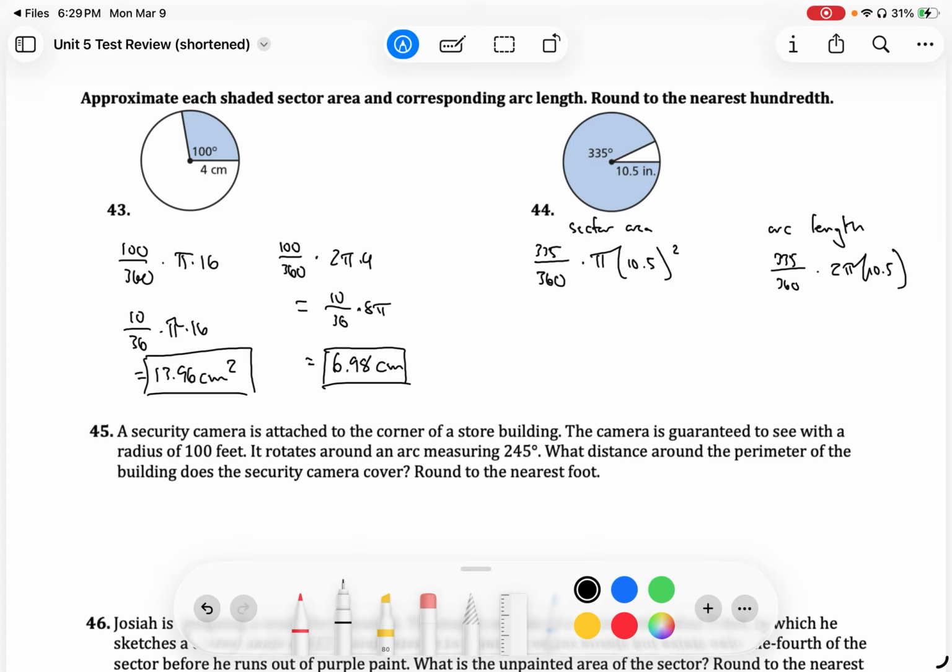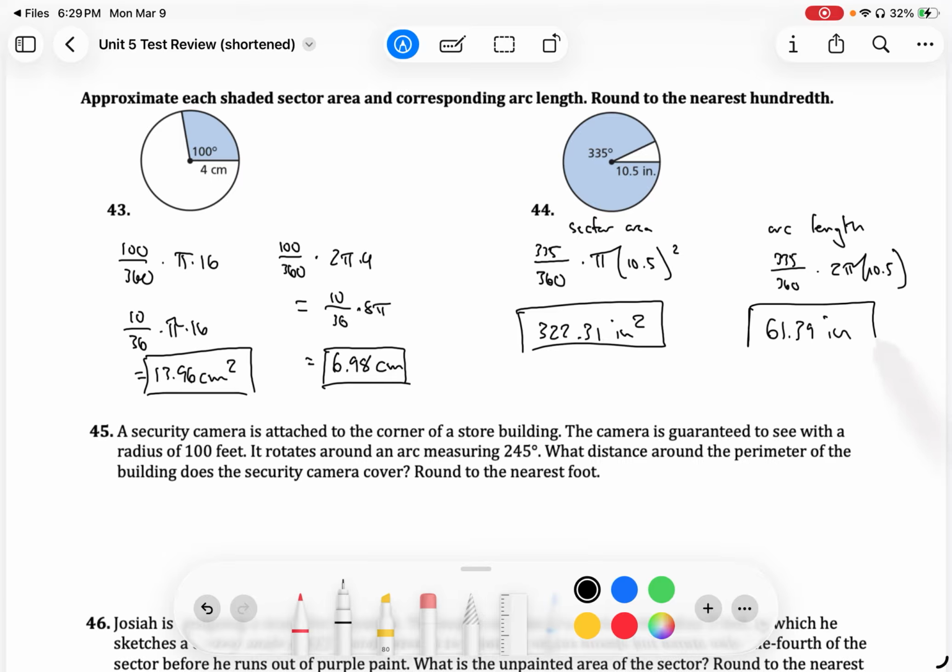So let's get a decimal approximation for each of those things. So for the area, I got 322.31 inches squared. And for the arc length, I got 61.39 inches.